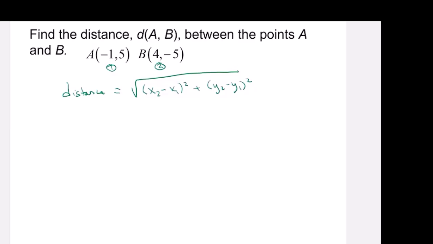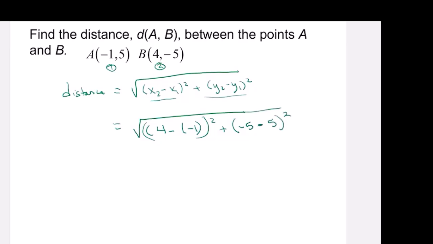Then x1 is -1 and x2 is 4. Now we have the square root, x2, which I'm going to use b as x2. So I have 4 minus a, the x for a is -1, squared, plus y2. y2 is -5 minus, and y1 is +5.